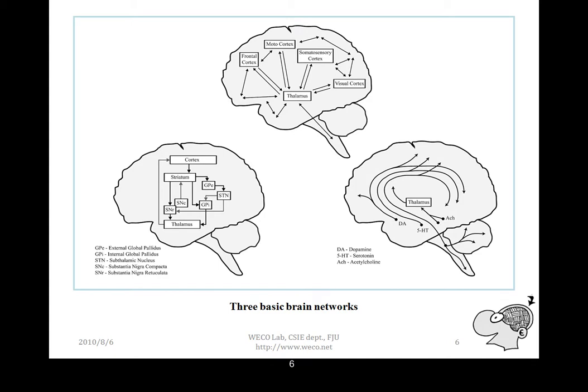We also mentioned the three basic brain networks in the human brain. Edelman, in the paper we cite, mentioned that there are three basic types of networks. The upper one is the thalamocortical motif, which is about the interaction between the cortex and the thalamus. There are many reentry loops formed by feed-forward and feedback signals.